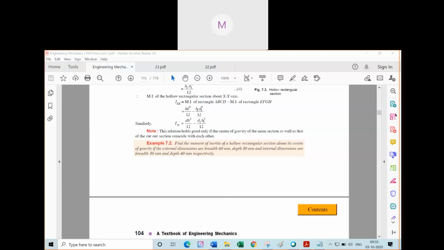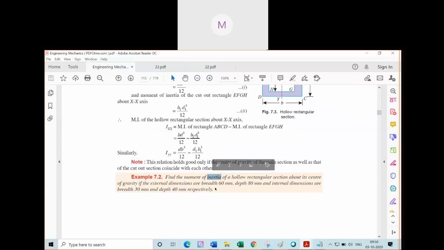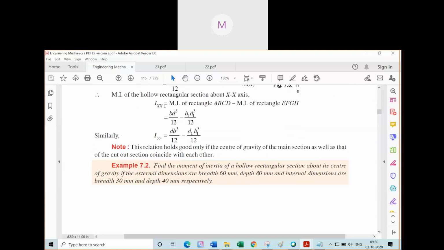Do you want to try how to solve it? Yes, sir. Okay, then try it. I'm showing you the numerical. This is the numerical. Just write it up. These are the formulas, this one and this one. Just try it out. Try solving it.